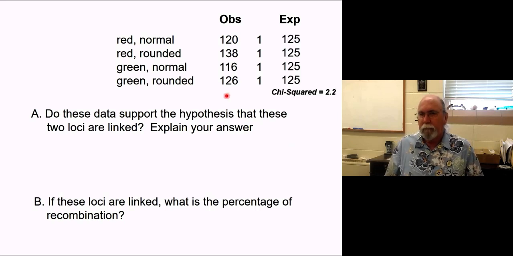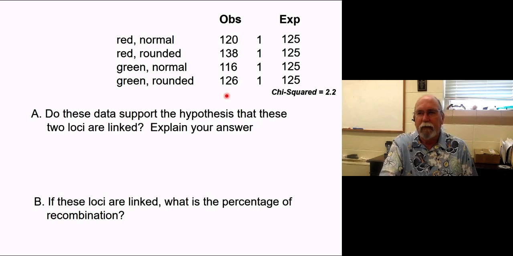If I do that, I add all these up, I'm going to estimate my expected to be the same all the way down, 125, 125, 120 minus 125 squared divided by 125. Add all those up, I get a chi-squared value of 2.2. All right, that's well below the table value, so I have no reason to reject the idea that these are not following Mendel's basic ideas.